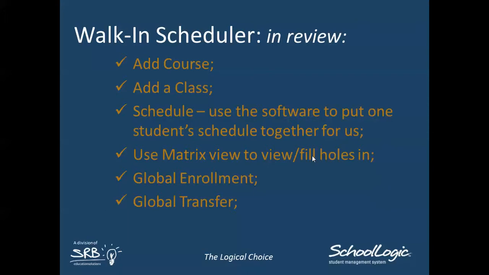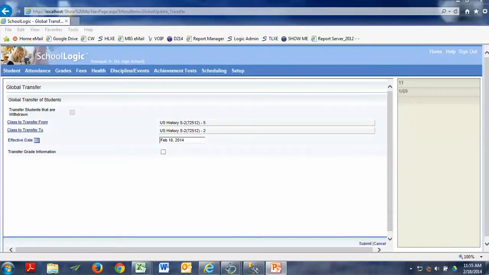We used it to fill holes in the kid's schedule by time of day. Remember, if you just click on the hour, boom, it shows you only the classes offered in that section. That's pretty cool. We looked a little bit at global transfer, and we looked at our friend right here, global. This is global transfer. We also looked at global enrollment.